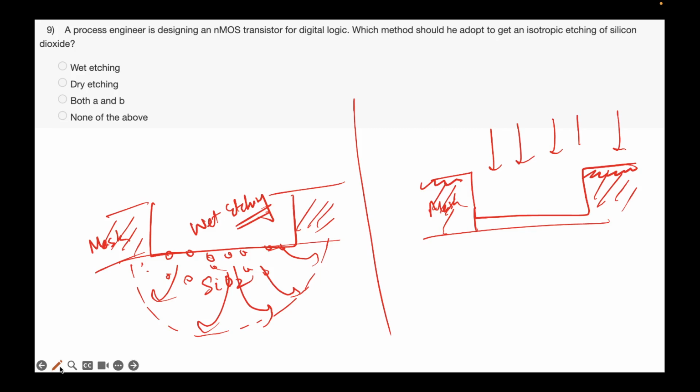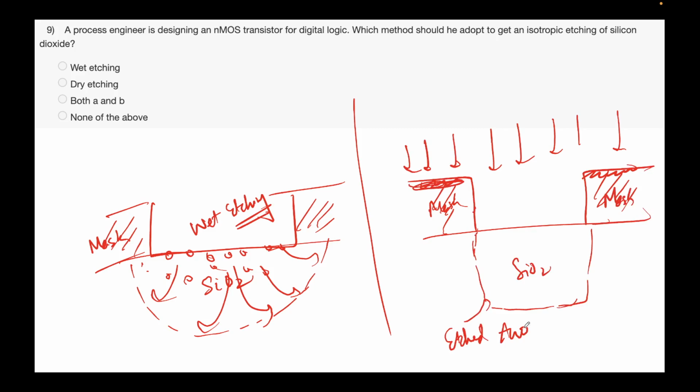But we select such a plasma, such a species that will etch away the silicon dioxide, and there will be some small etching on the sides, but primarily you will get this kind of a profile. This is the etched away region. And again, as you can see, this is plasma. Physical etching is happening, and also some chemical etching, because it contains, let's say, fluorine ions which can etch away silicon dioxide.